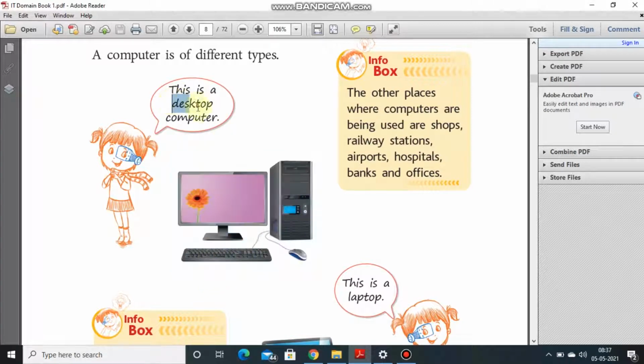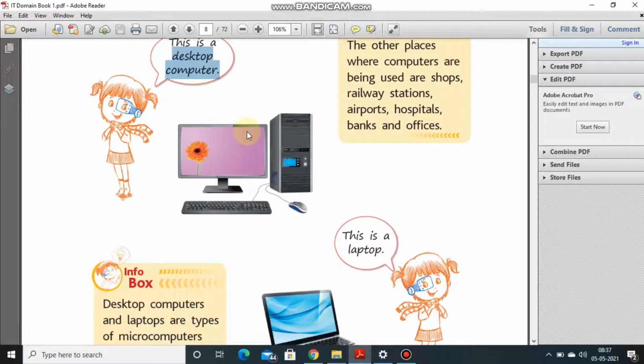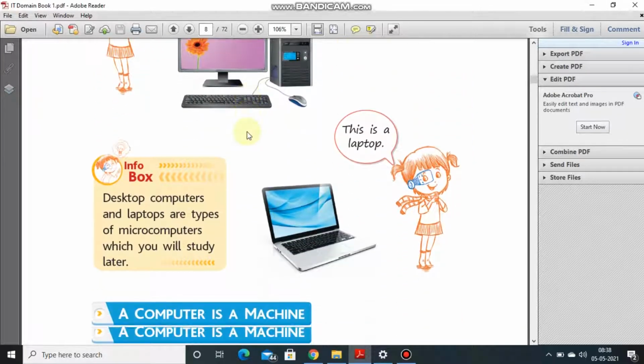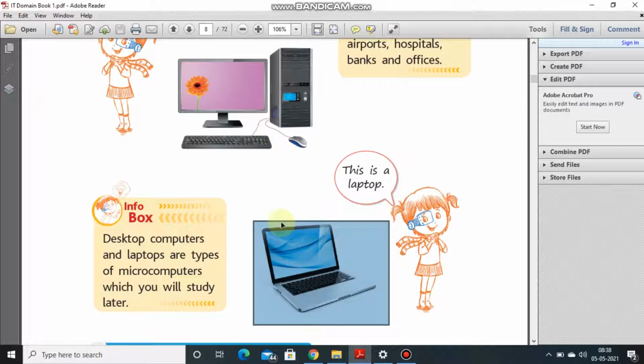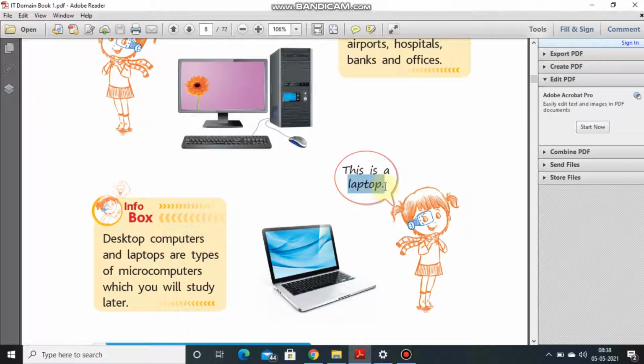This type of computer is known as a desktop computer. Similarly, in one of the previous videos, sir showed you his laptop, which is smaller. All the things are combined in one unit. This type of computer is known as a laptop.